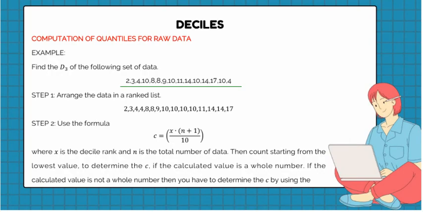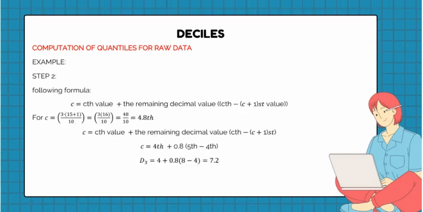So from that, if you have the C now, you can count starting from the lowest value to determine yung ating value ng decile. And if it's a whole number, you could just count starting from the lowest to that specific location ng ating C. Pag hindi naman siya whole number, you have to as well make use of this formula before you find out yung value ng decile.